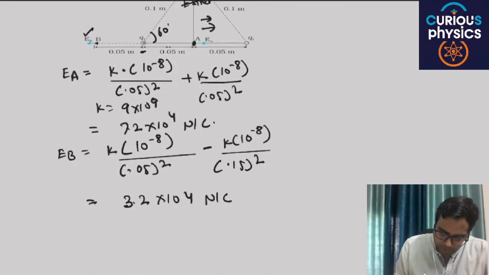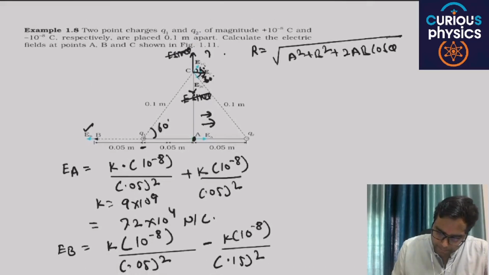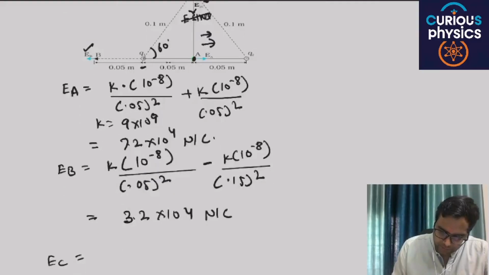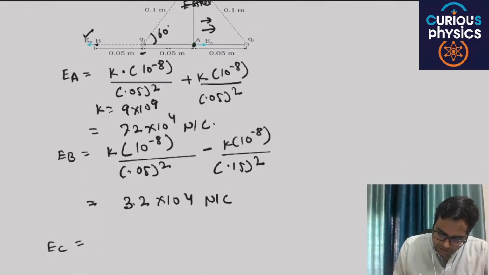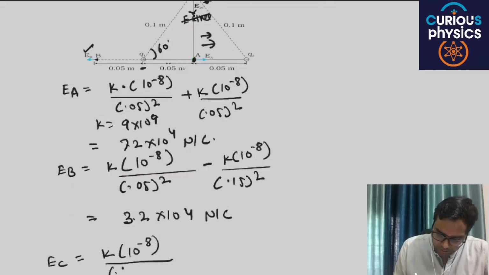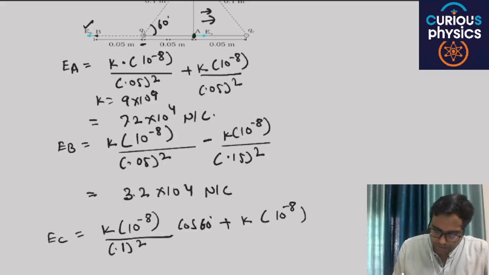The value of the electric field in both cases: Q1 charge is K times 10 raised to power minus 8, distance is 0.1 whole square, times cos of 60, plus K times 10 raised to power minus 8 over 0.1 whole square times cos of 60.